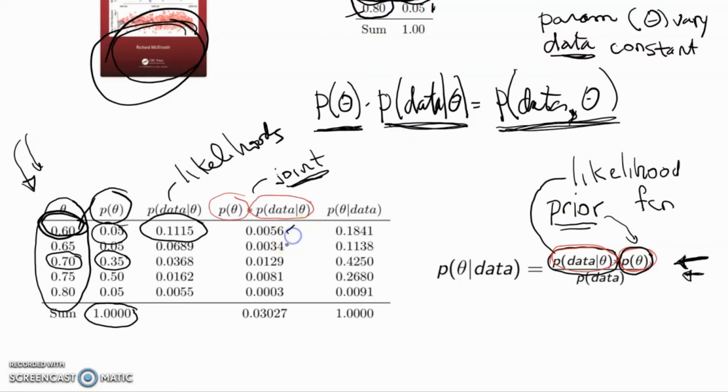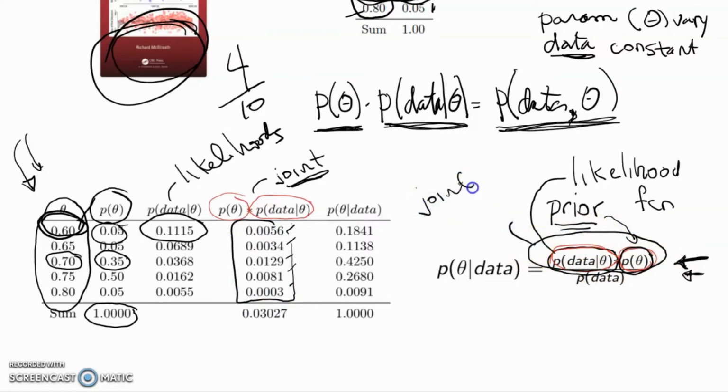So each one of these numbers represents the joint probability of data, 4 to 10, and a particular value of theta. So that's our joint. So when you multiply this together, what we get is the joint probability of data and theta.